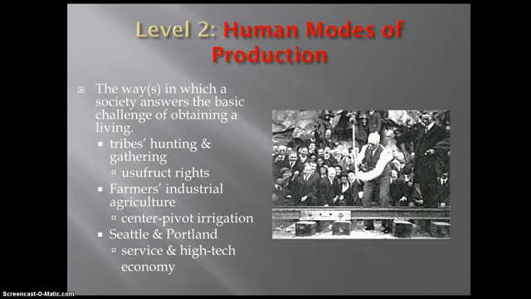So for thousands of years in North America, the way that societies in the area of the Walla Walla and Umatilla River basins did that was through hunting and gathering. And that mode of production, the mode of production that involves hunting and gathering, has much less consequence for the health of a watershed or a river system.